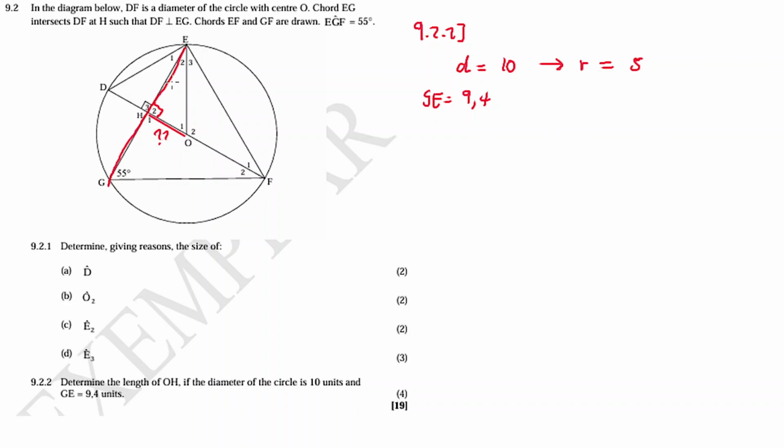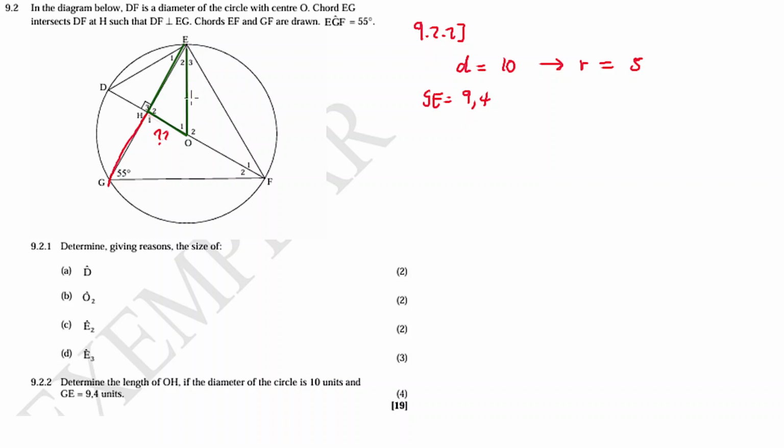So if we turn our attention to this triangle, let me use a green. Specifically this one, we want OH.